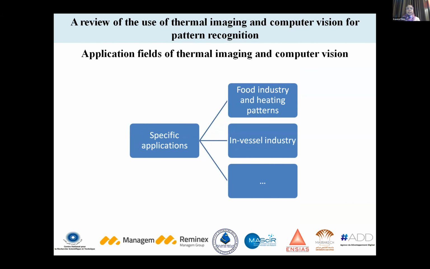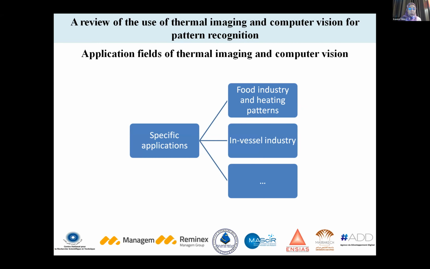And we have also some research articles that are focused on specific applications like the food industry and heating patterns in vessel industry, etc. So the examples presented in this section are varied, which shows the wide use of infrared imaging and computer vision.